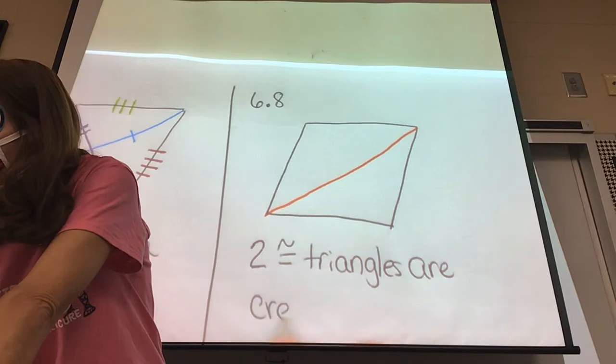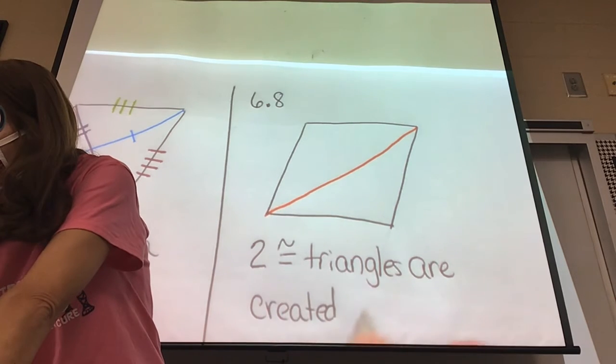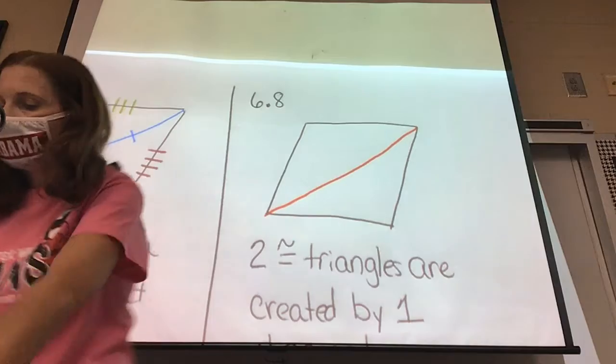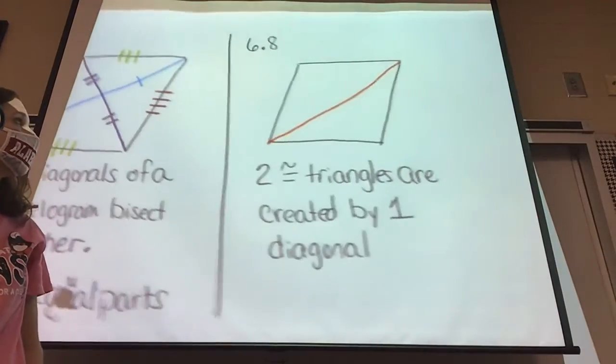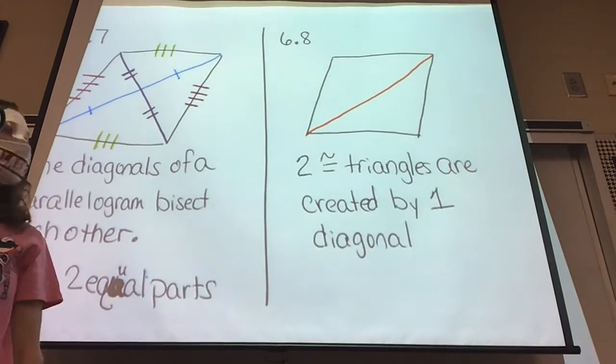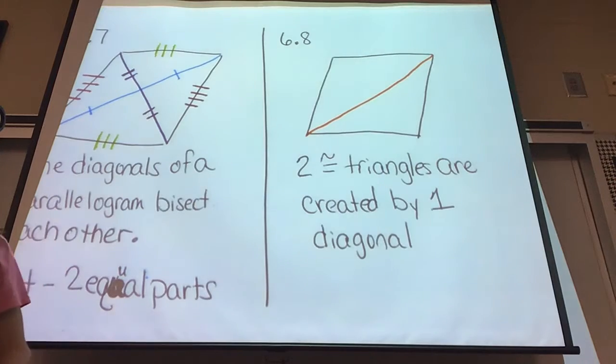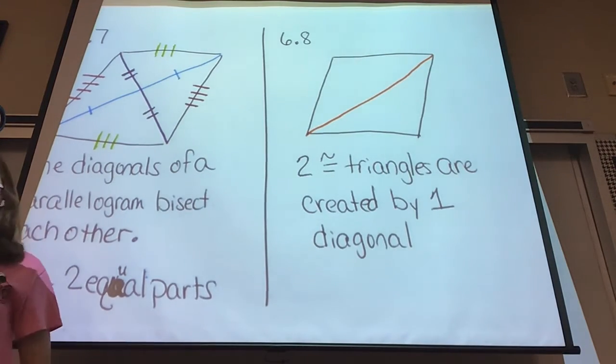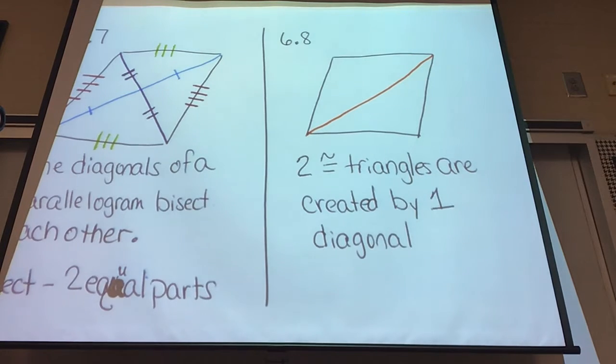So I'm going to say two congruent triangles are created by one diagonal. Again, it does not matter which direction you go in, as long as I cut it in half.